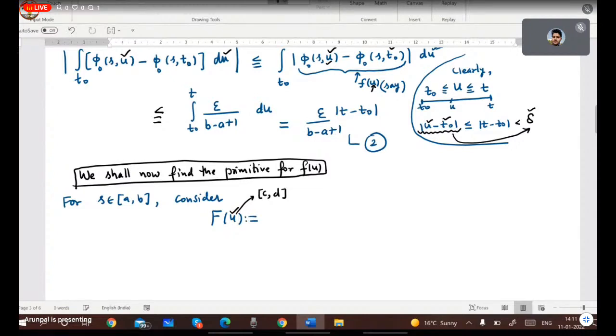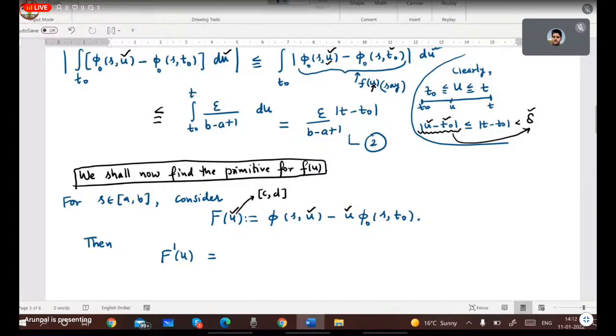So consider a function capital F of u defined like this: phi s comma u, where your variable enters, minus u, where again your variable enters, phi naught s comma t naught. Class, then can you tell me what will be the derivative of F with respect to u? Take a note that s and t naught are not variables.